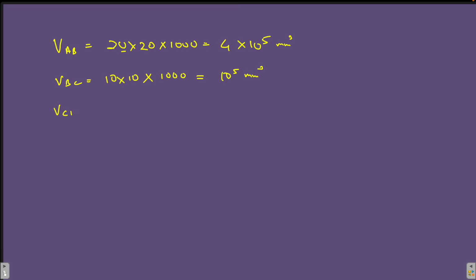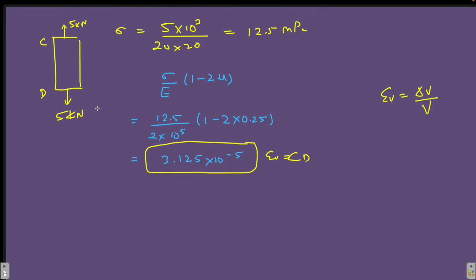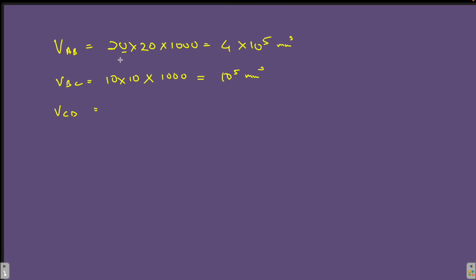Now volume of CD is how much? Again it is 20 into 20 into 1000, right? So it will be 4 into 10 to the power 5 millimeter cube.